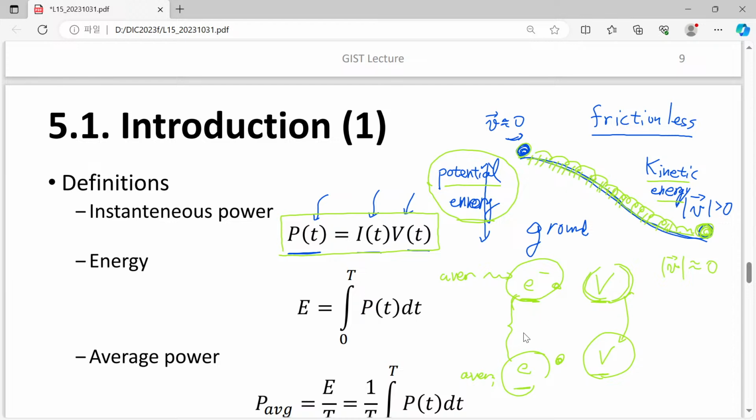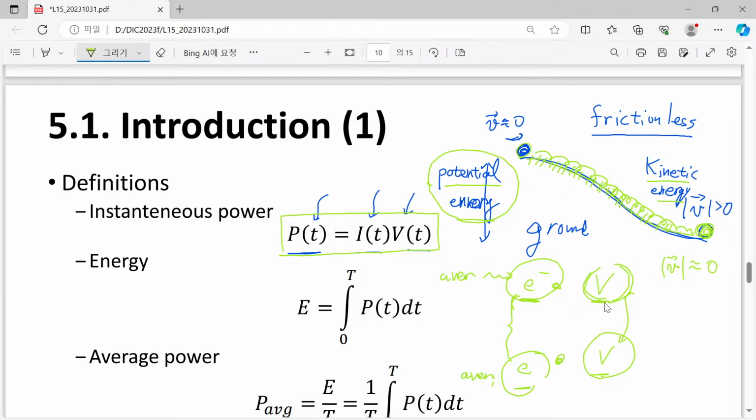Then what happens to this loss of potential energy? In our case, it typically goes to heat inside our system. Okay, so are you with me?